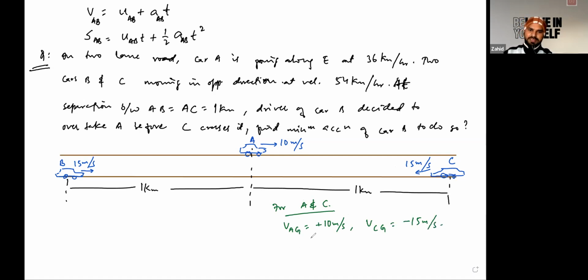To relate these two terms, first calculate the velocity of A with respect to C. You are given that the displacement between A and C is 1 kilometer, so the displacement of A with respect to C is 1000 meters. And there is no acceleration between A and C, so the acceleration between A and C will be 0. If you put these values in the second equation of motion, you will get the time in which A and C will cross each other. Is it clear?